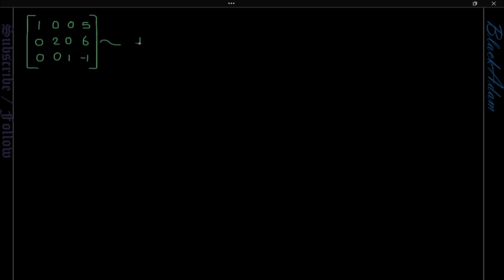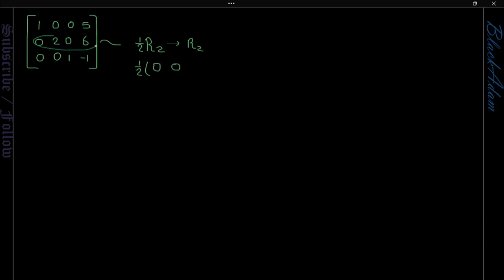So the pivotal position is 2, so we have to make it 1. So it's going to be half of row 2, and then we replace it. That's going to be half of row 2, replaced in row 2. We're just finding the simple ratio.